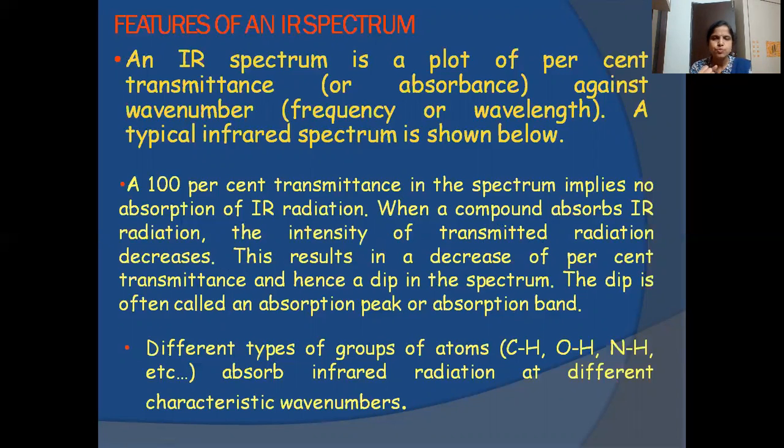Absorption and transmission are inversely proportional, so when a compound absorbs a high percent of radiation, the transmittance will be less. That is the reason the peak goes down, that is, there will be a dip in the spectrum. That dip is called the absorption peak or absorption band. These absorption bands are different for each and every bond, that is CH, OH, NH, etc. All these we'll see.